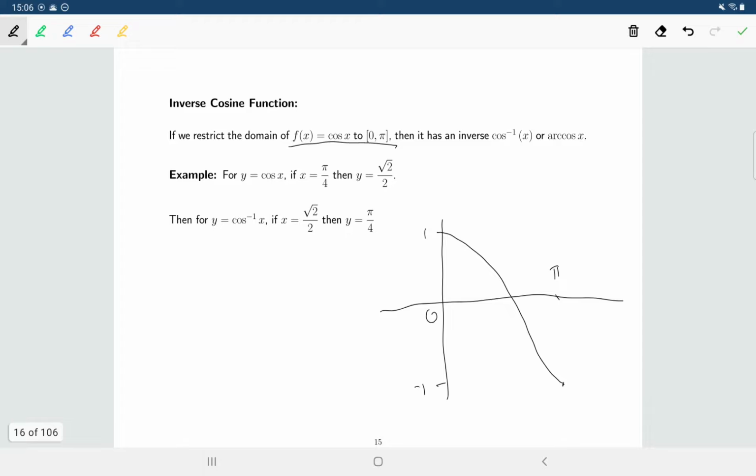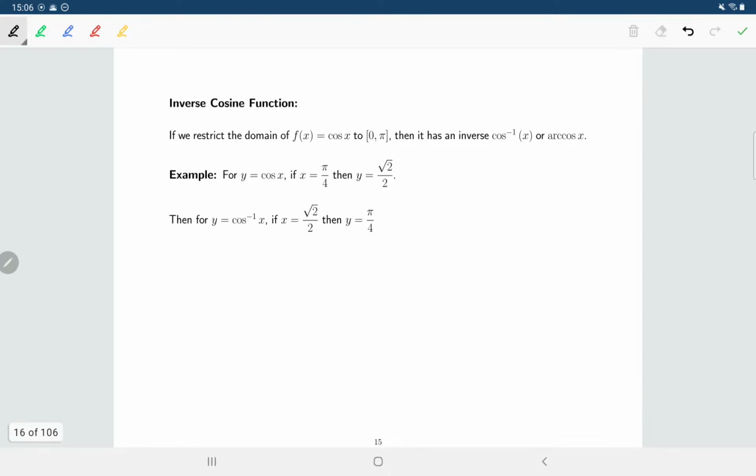So we're restricting our domain here from 0 to pi, and the whole idea behind the inverse cosine function is exactly the same as the inverse sine function, switching inputs and outputs.